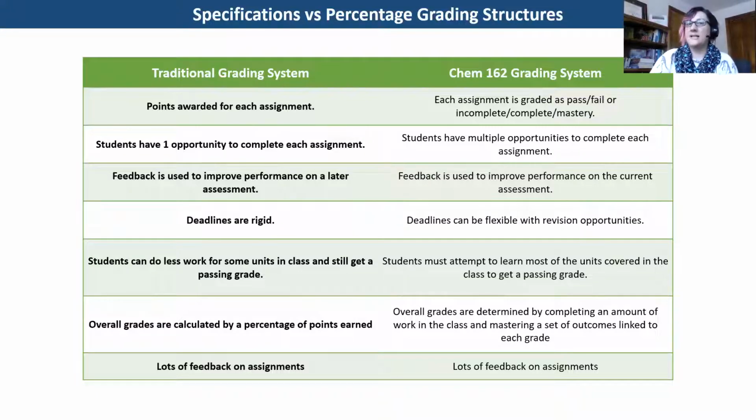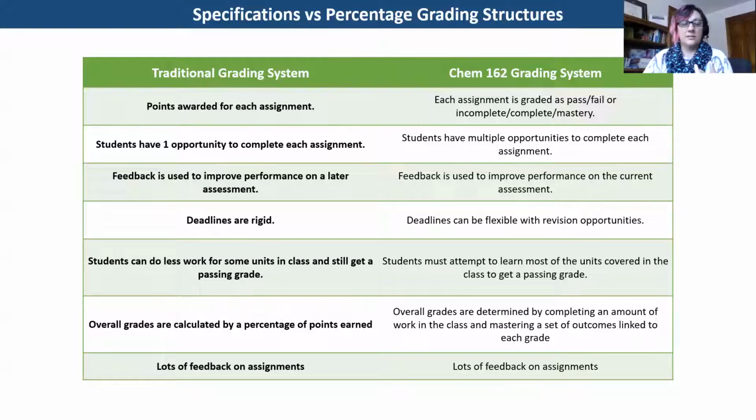In this class, instead of accumulating points, we're just going to give essentially incomplete, complete, or mastery grades. So it's either you've got it, you're still learning it, or you haven't really finished attempting it. Without that accumulation of points, your grade is really just how many of these assignments did you complete, how many did you actually finish, and how many did you finish at a level that's about an A-.